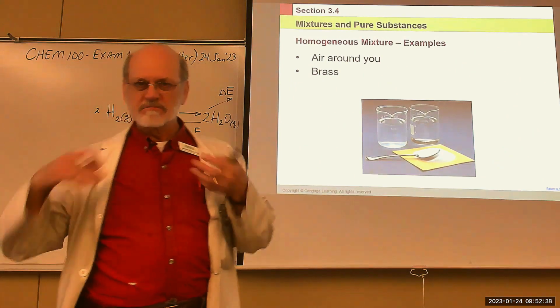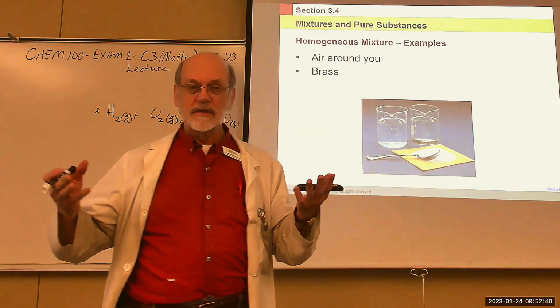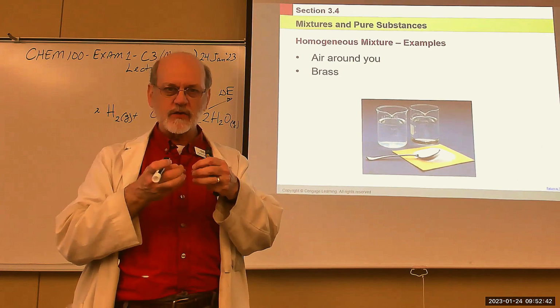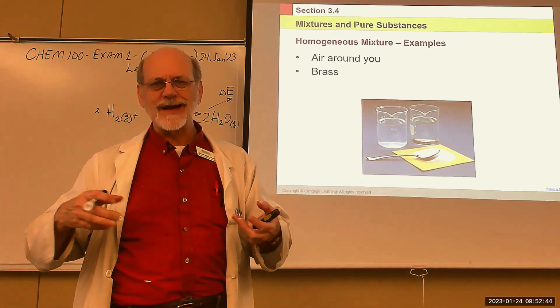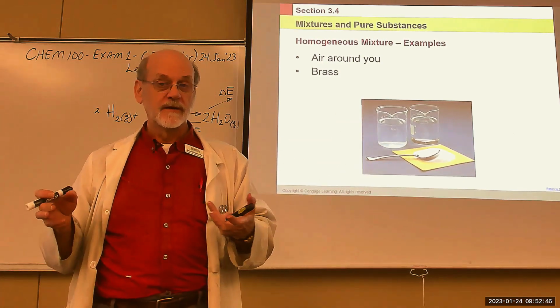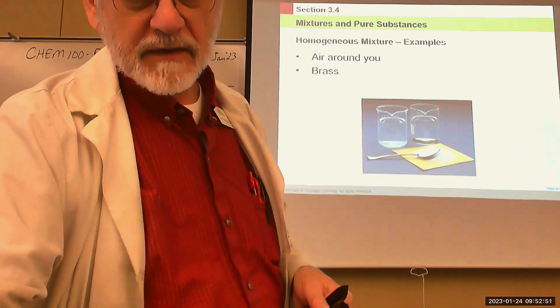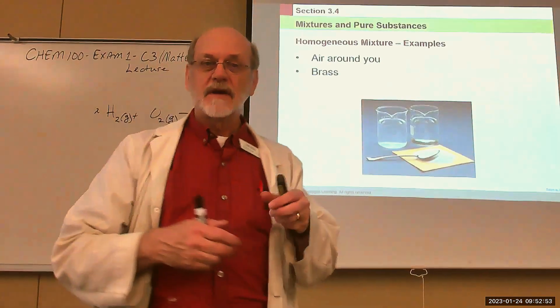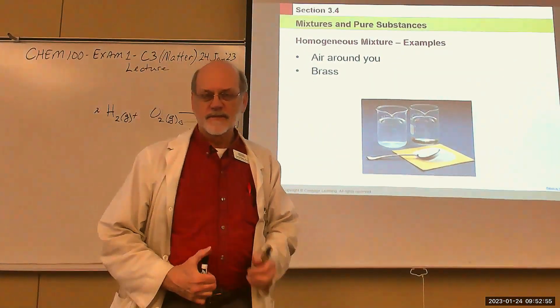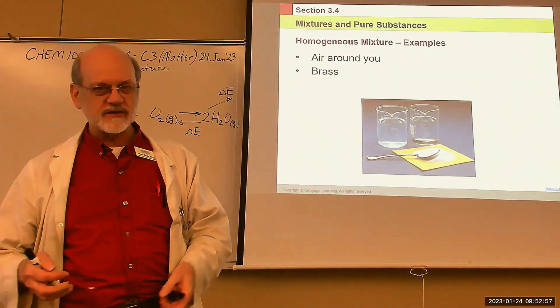It's reasonable because remember, in gases the molecules are very far apart and they don't interact. They're moving really fast too. So when you put two gases together, there's room for everybody. So gases always form homogeneous mixtures.